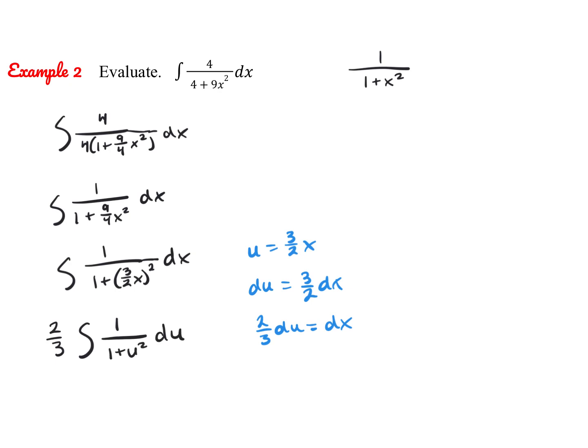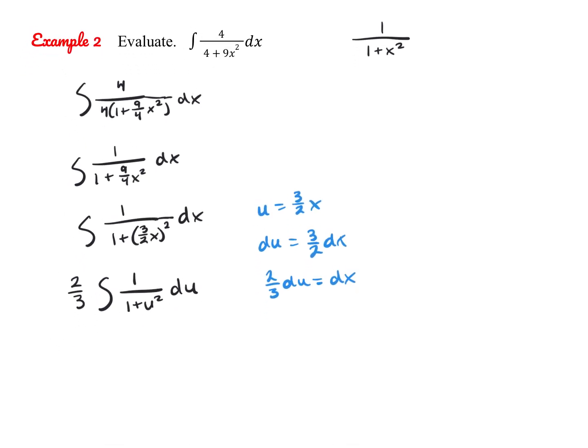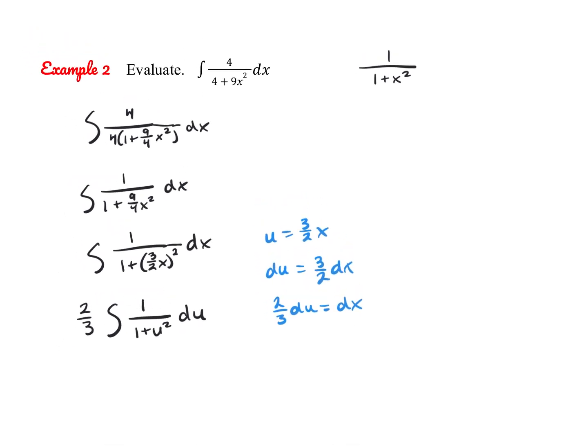And so in doing this, I've now created that structure that allows us to evaluate, and it would just be arctangent of u. So we have 2/3 times the arctangent of u plus c, and then we're just going to substitute back in for u.